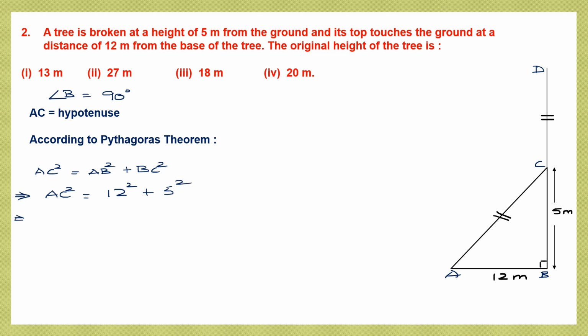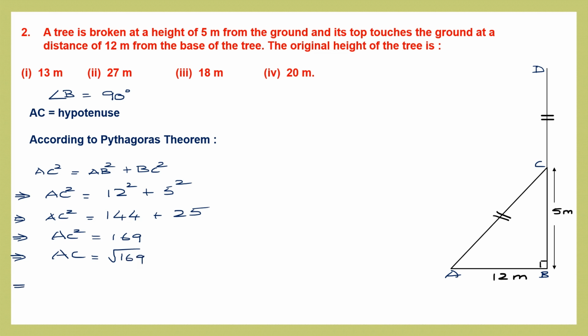So now AC square is equal to 12 square is 12 into 12, which is 144, plus 5 square, which is 25. So AC square is equal to 169. So what is the value of just AC? It is the square root of 169.